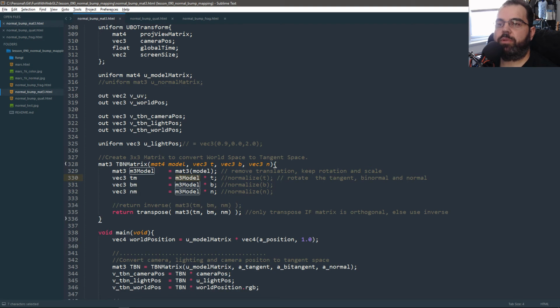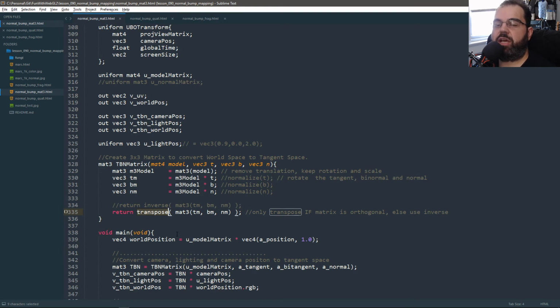So we just multiply our transformation matrix by each direction that we're pointing. This way everything gets moved into world space, because everything right now exists in local space, in model space. So we move everything into world space, and we can then create the mat3 once we have our 3 directions correctly. And we can do a transpose.